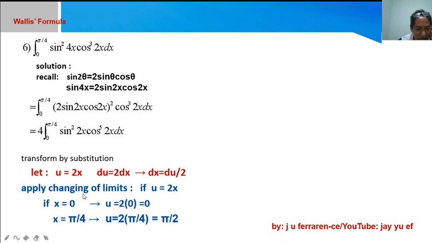Then limits will also be changed. If x is 0, then my u is 0. And if my x is pi over 4, you substitute 2 times pi over 4 is equal to pi over 2. So you can now substitute including the limits in terms of u.